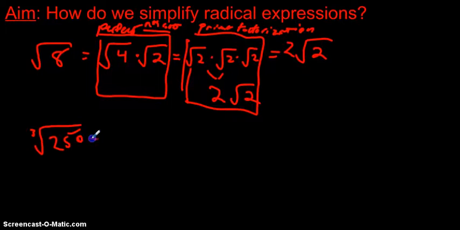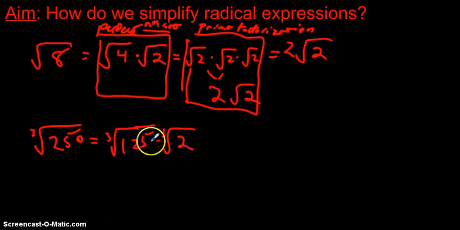We'll do it both ways. One way will be with the perfect nth root, so we're looking for a perfect cube. The perfect cube that goes into 250 is 125. So that would become the cubic root of 125 times the cubic root of 2, which would simplify to 5 cubic root of 2.